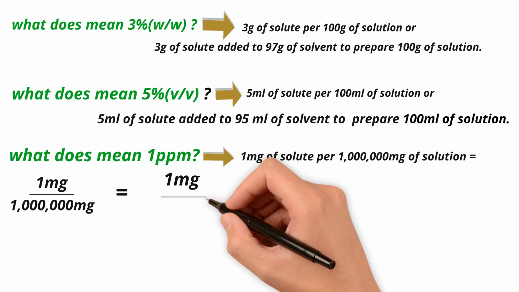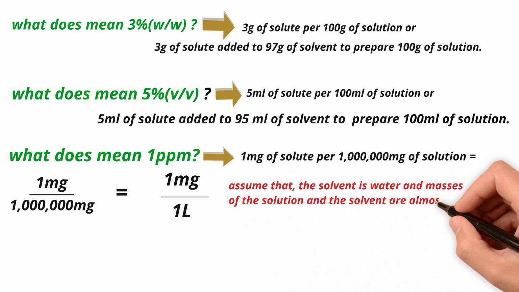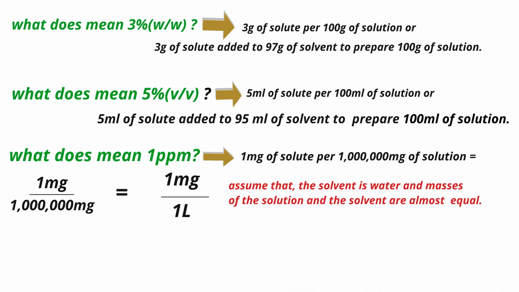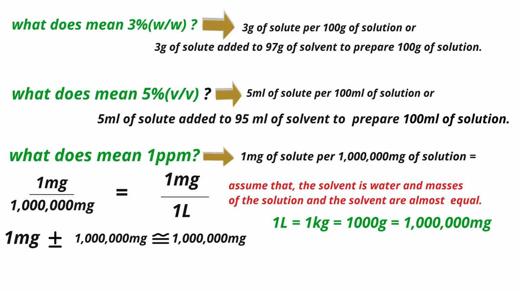Assume that the solvent is water and the masses of the solution and the solvent are almost equal. 1 milligram per 1 million milligram is approximately equal to 1 million milligram. 1 liter equals 1 kilogram, which is equal to 1000 gram, which is equal to 1 million milligram.